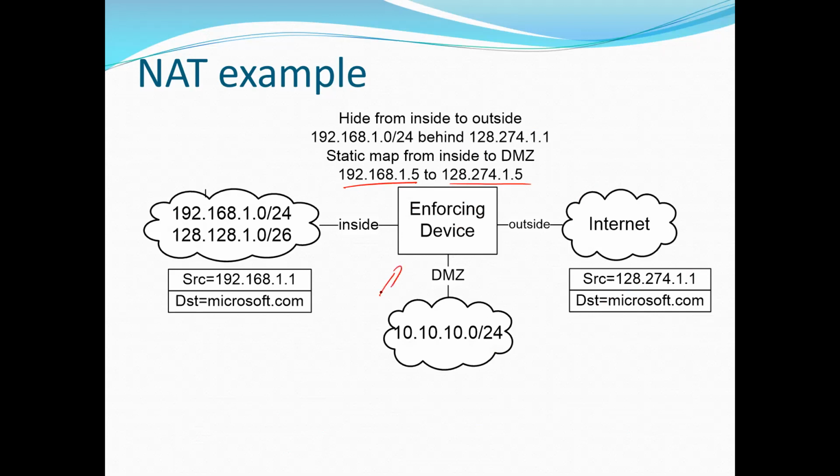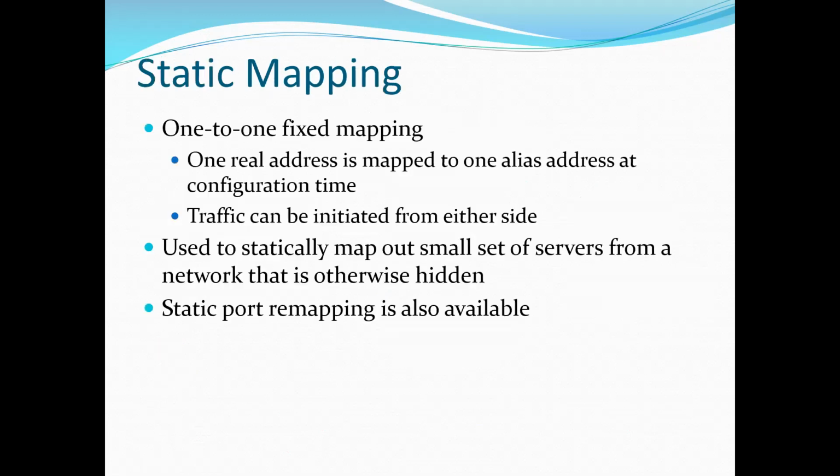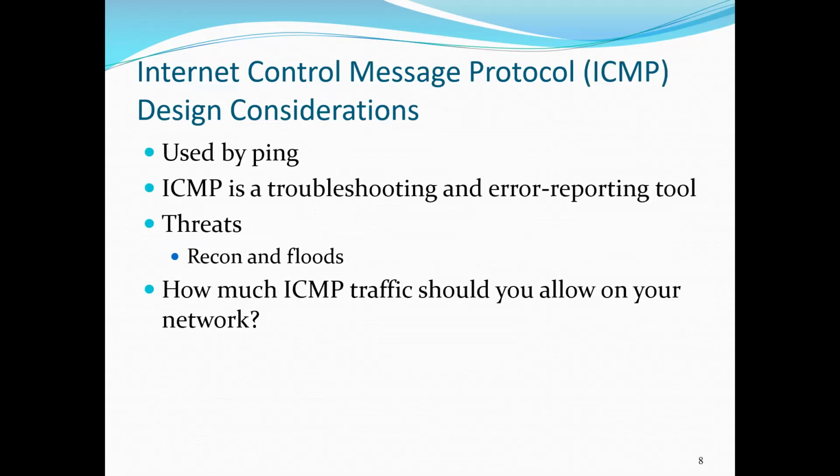Remember, usually this is a service the firewall can perform easily. ASAs, Meraki's, Cisco, Pixes, whatever. These are services that are kind of standard in one of those devices. So we've talked about this, so static mapping.